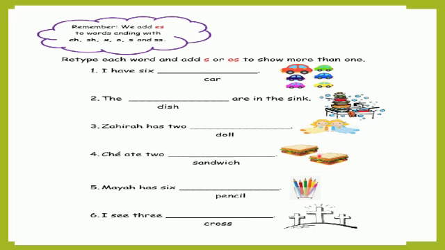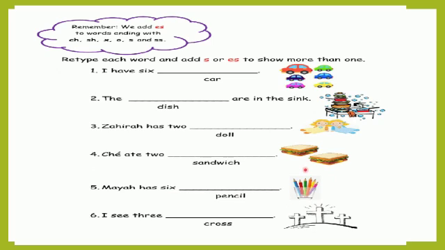What did she eat? 2 sandwiches. The word given is sandwich. To make it plural, we will use es. So S-A-N-D-W-I-C-H-E-S, sandwiches.